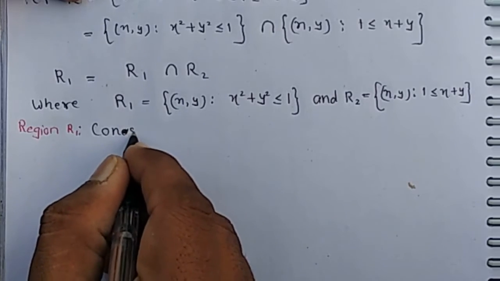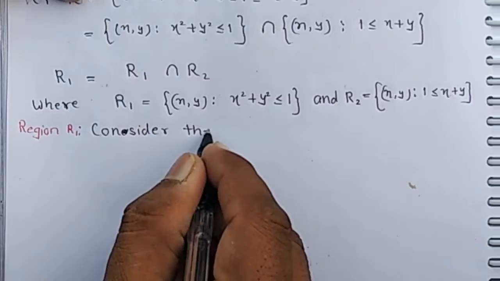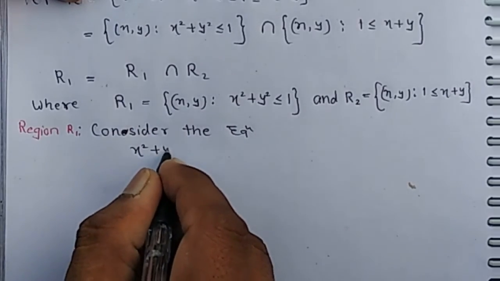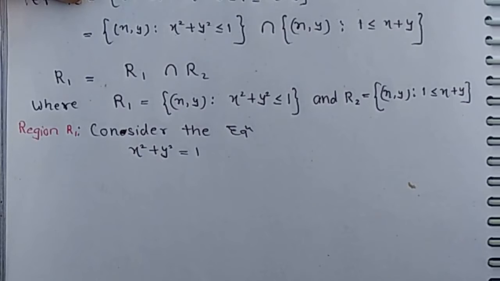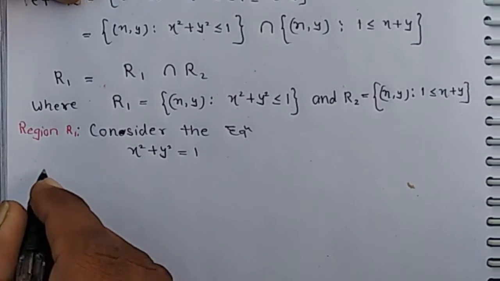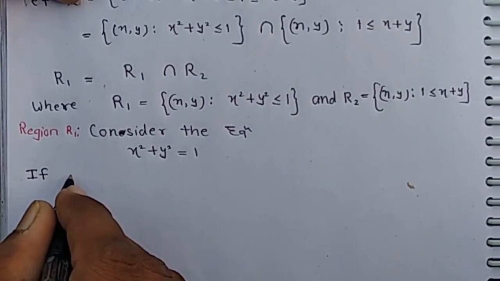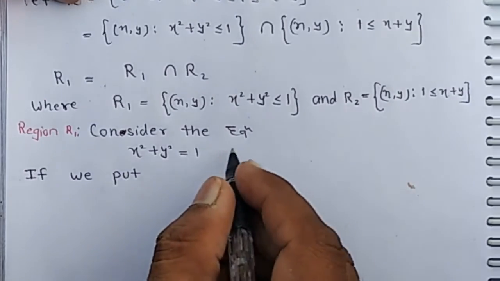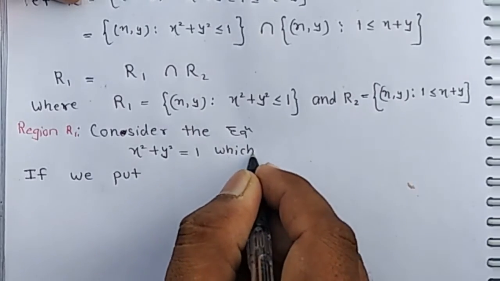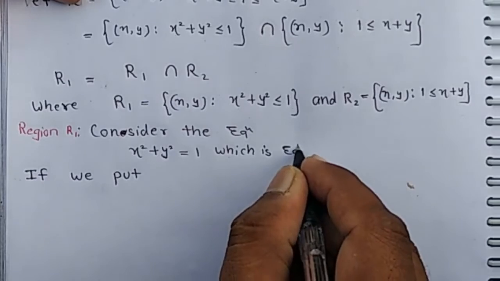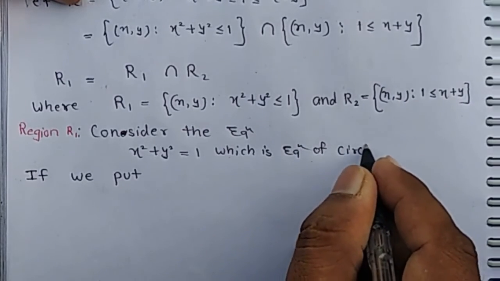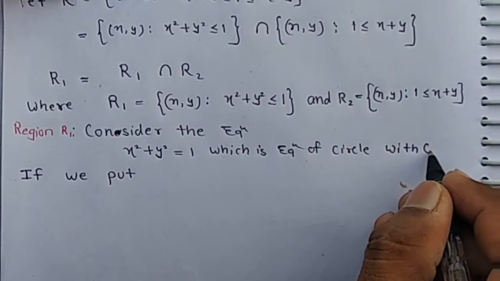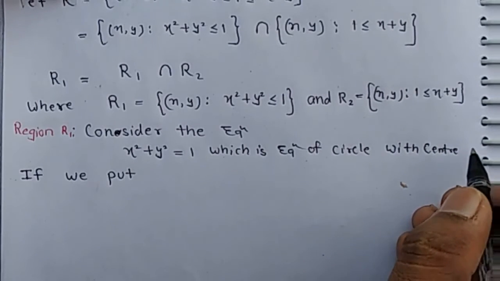Consider the equation x² + y² equal to 1, which is the equation of a circle with center (0, 0).